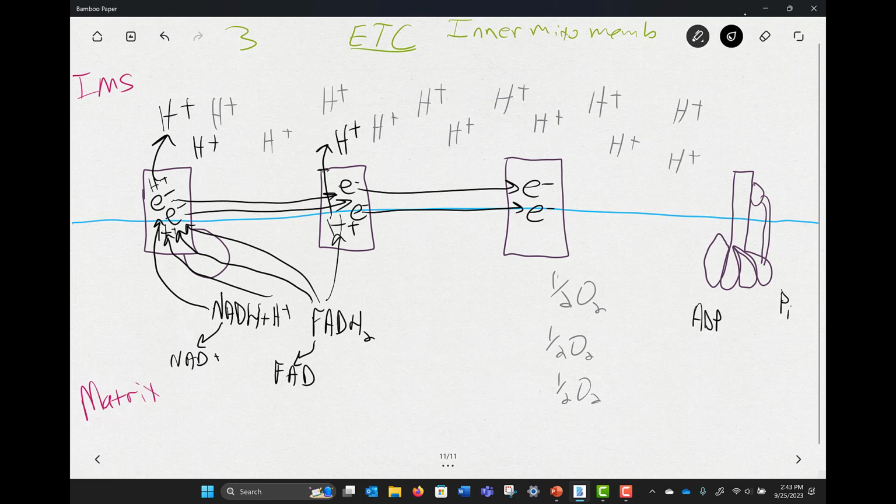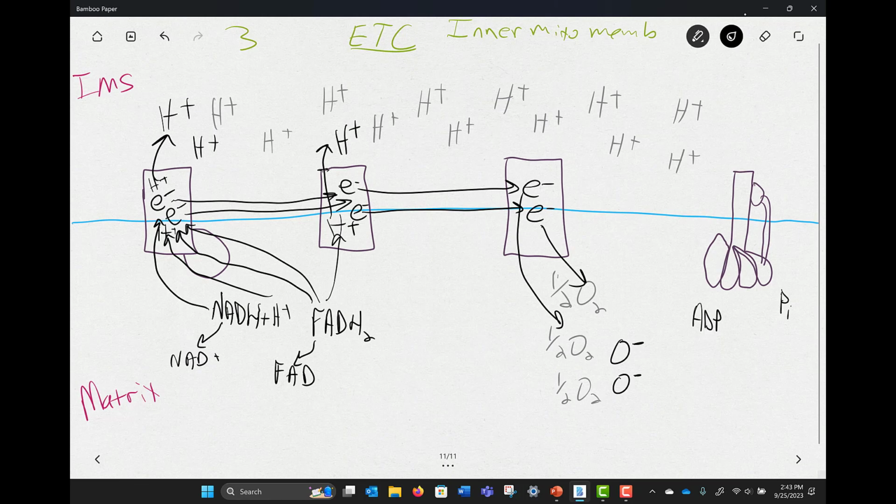He likes electrons more than that third protein. All those oxygens gathered down at the bottom, they're going to take those electrons. Those oxygens are going to get some negative charges.